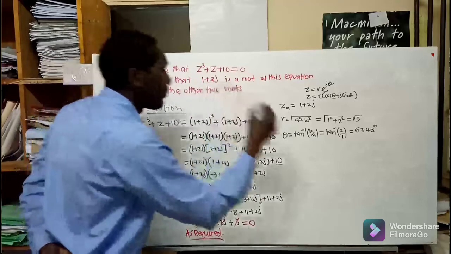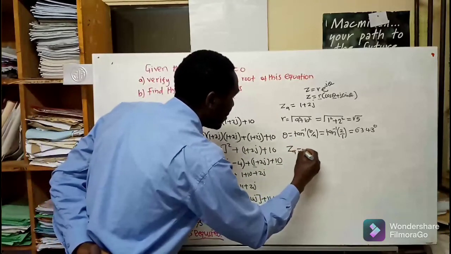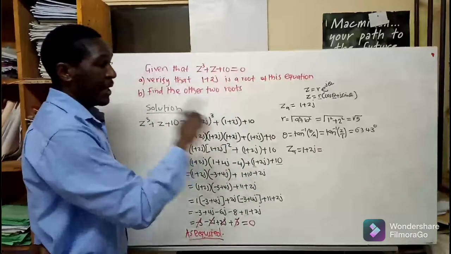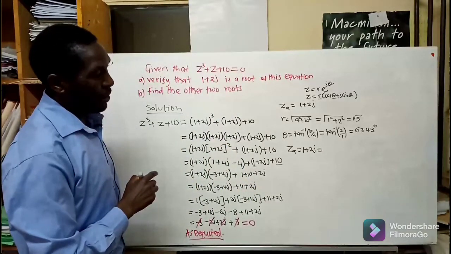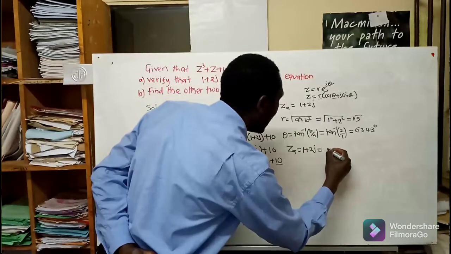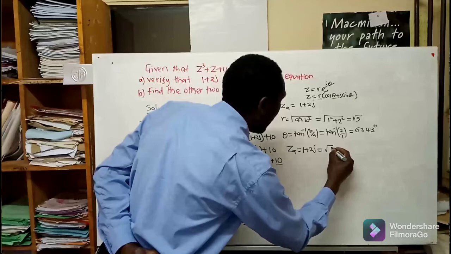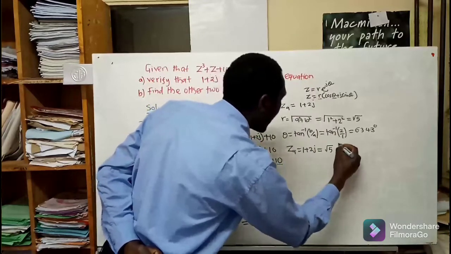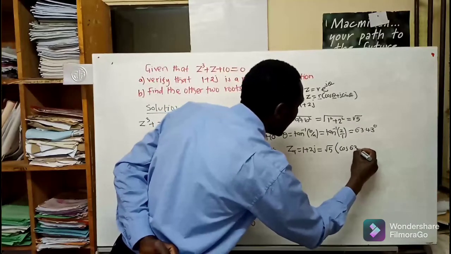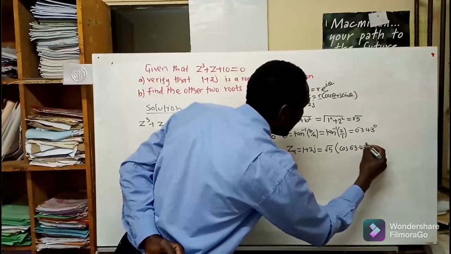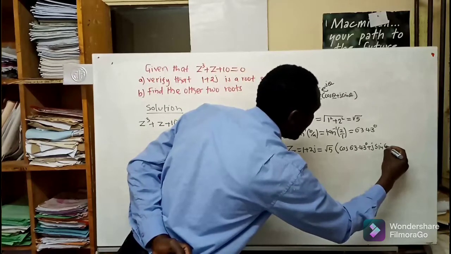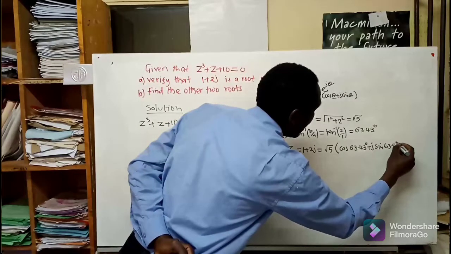Now we can express ZA, which is equal to 1 plus 2j, in another form. That form is called polar form. In polar form, we write this as the square root of 5, that is our R, into bracket the cosine of the argument, which is 63.43 degrees, plus j, the sine of the argument, 63.43 degrees.